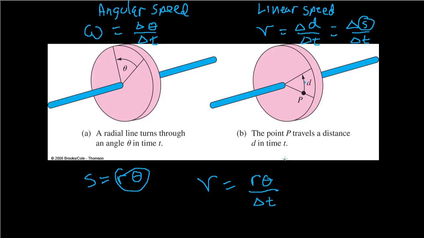So as time changes, if we keep track of how much the angle changes, linear speed can be calculated as r times omega.